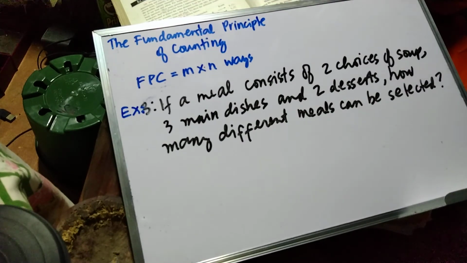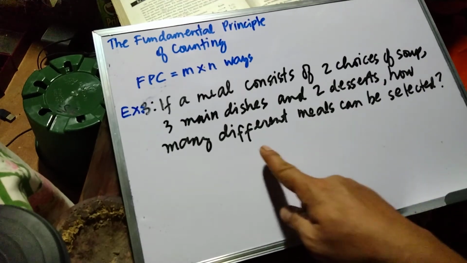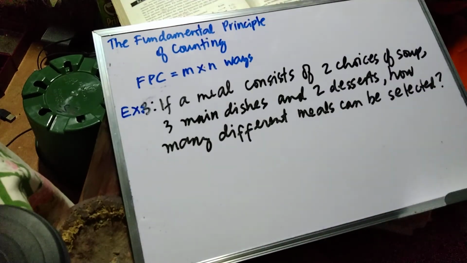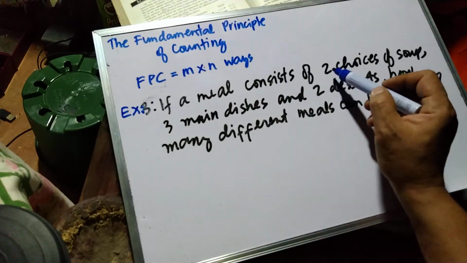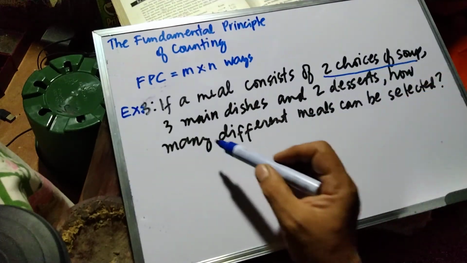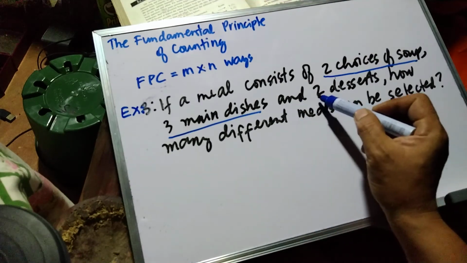Okay, you are asked to find how many different meals can be selected if a meal consists of 2 choices of soup, 3 main dishes, and 2 desserts.